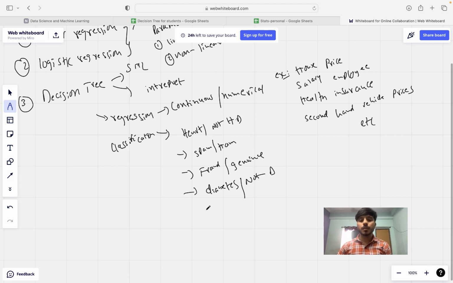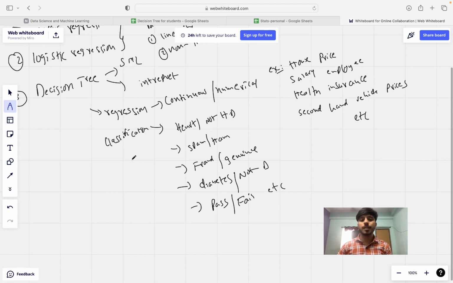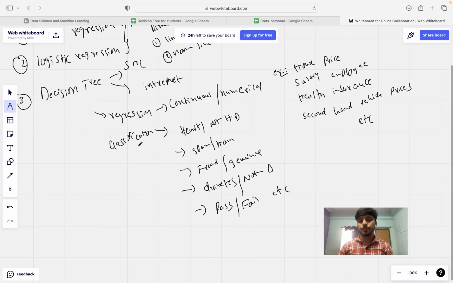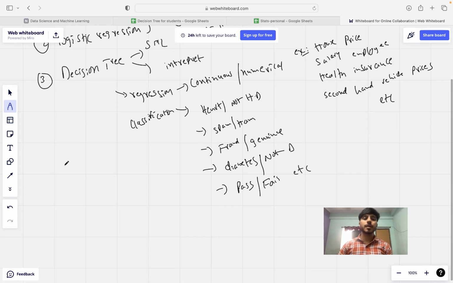Similarly, did the student pass the examination or fail, etc. These are some use cases of classification algorithms, and those were the use cases of regression algorithms.